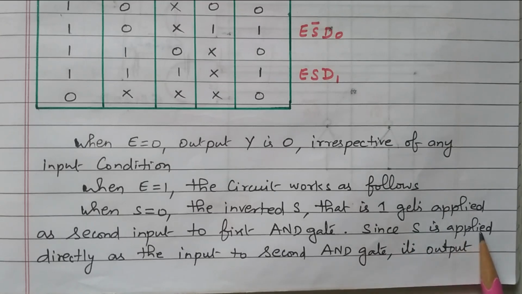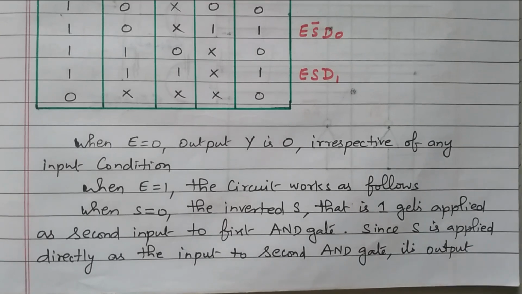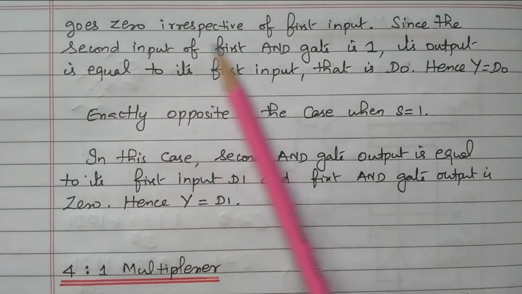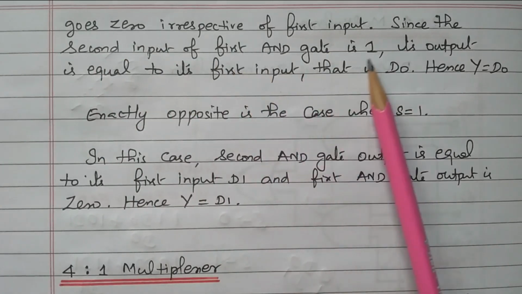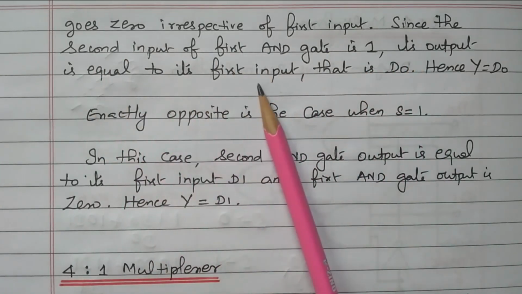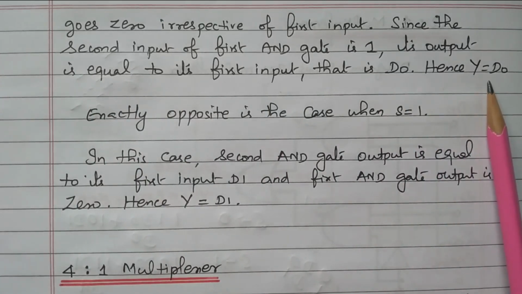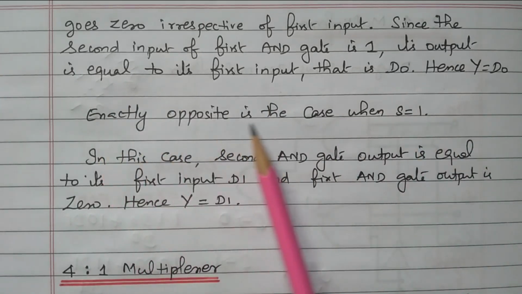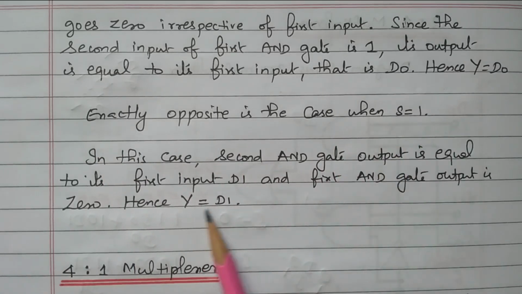Since S is applied directly as the input to the second AND gate, its output goes 0 irrespective of the first input. Since the second input of the first AND gate is 1, its output equals the first input. Hence, Y equals D0, right? When S equal to 0, we get Y equal to D0. Exactly opposite is the case when S equal to 1. If S equal to 1, the output will be D1, right? So the details are available, the description is given.